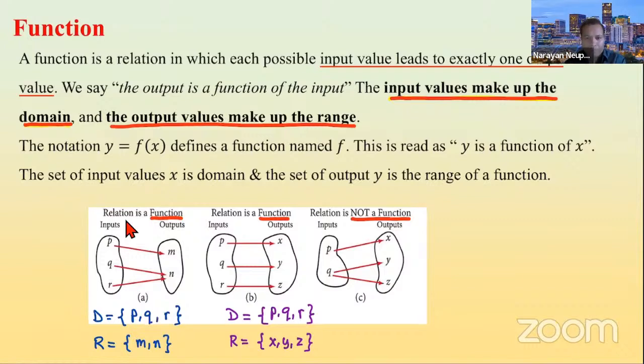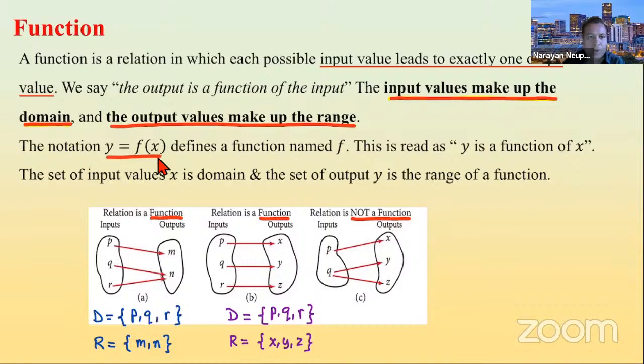Now, mathematically, if we want to represent the domain and range, we represent it a little differently. We write it like this. The notation y equal to f of x. This is a very famous notation for the function.